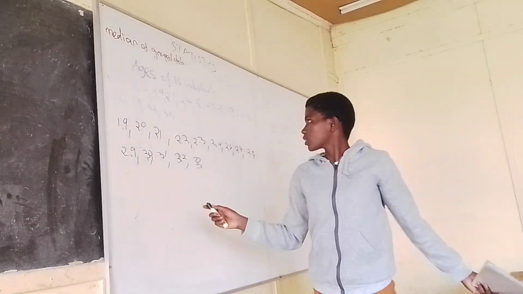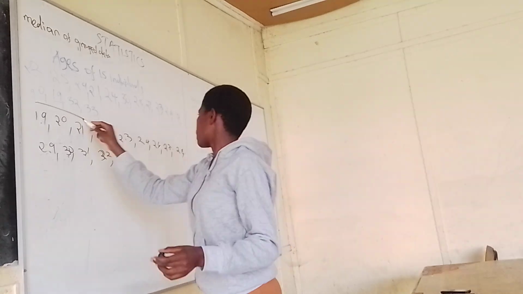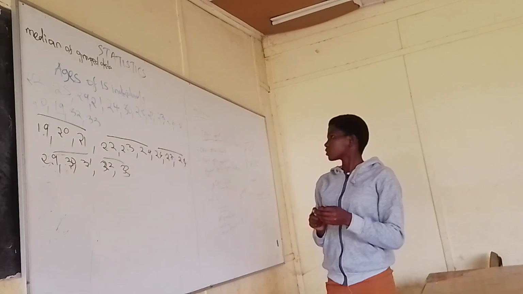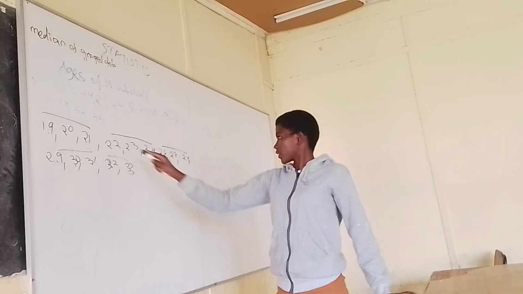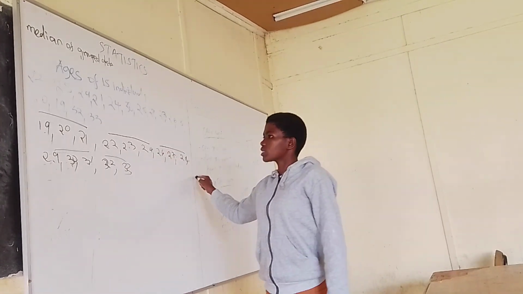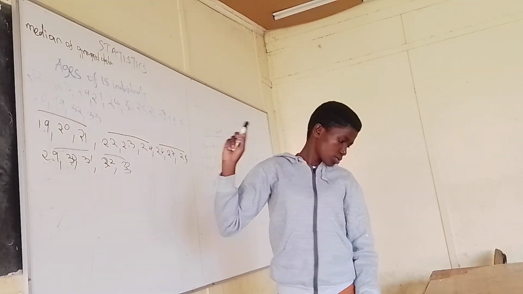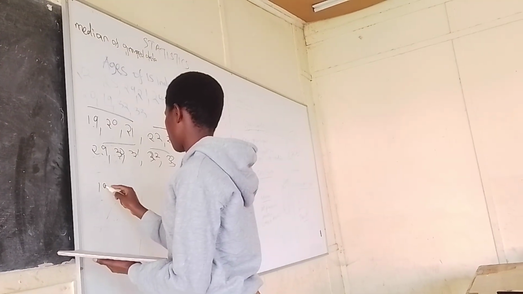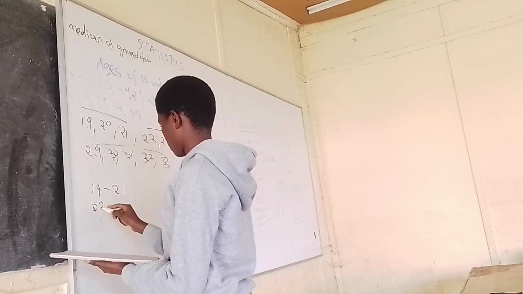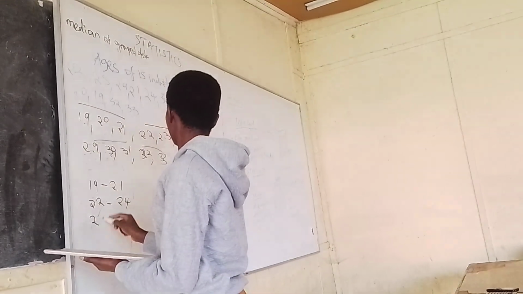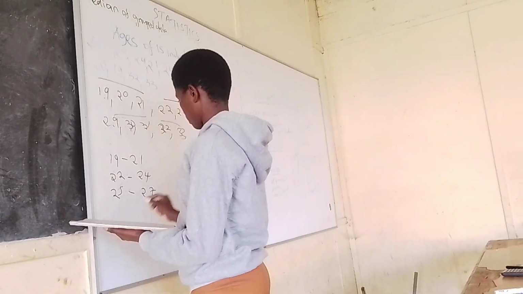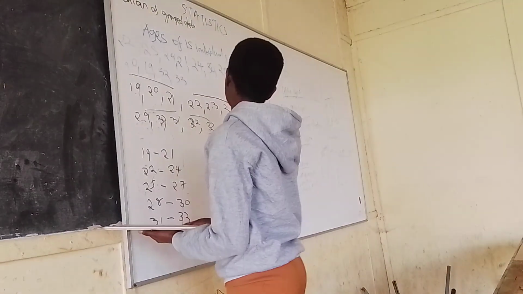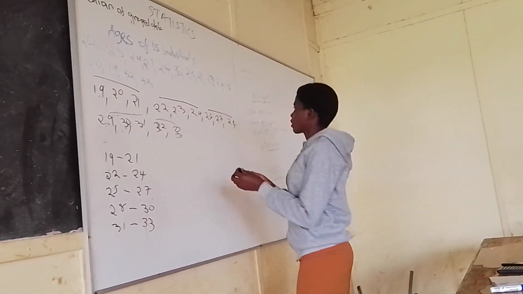So like here, we can group from 19 to 21, then 22 to 24, 26 to 28, 29 to 31, then 32 to 33.